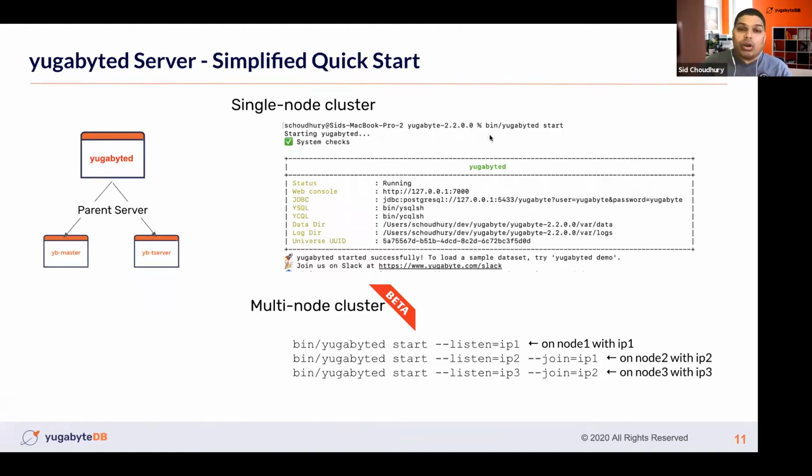It means that your experience will be, you do yugabyted start, and then you don't care what has been done in the background. You get your API endpoints, and then your clients work towards them. Internally, what YugabyteD is doing is launching the YB-Master process, launching the YB-TServer, coordinating them, and watching them continuously, making sure that they remain healthy.